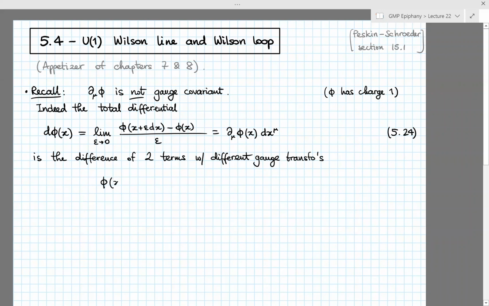So we have phi of x plus epsilon dx that will be multiplied by a phase e to the i alpha of x plus epsilon dx, whereas phi of x is multiplied by a phase which is e to the i alpha of x. And the problem is that these two phases are different.